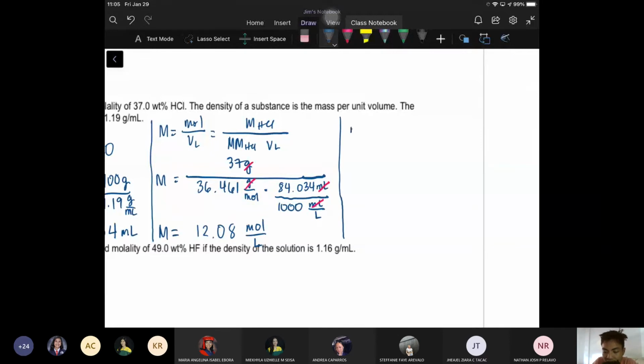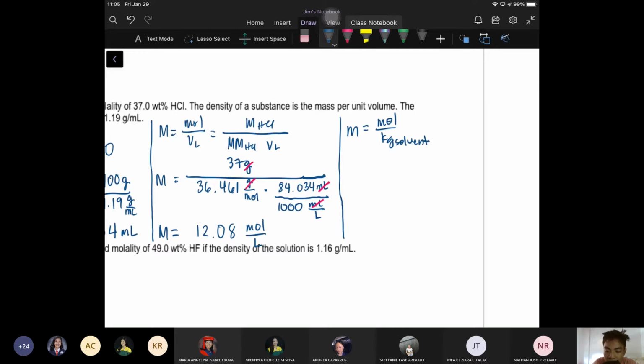Next one, molality. Small letter m. By the way, kung ang molarity tawag doon ay molar, kapag molality tawag doon ay molal. Kaya nakakabulol talaga. Daming L. So again, ang equation for molality is mole per kilogram solvent.